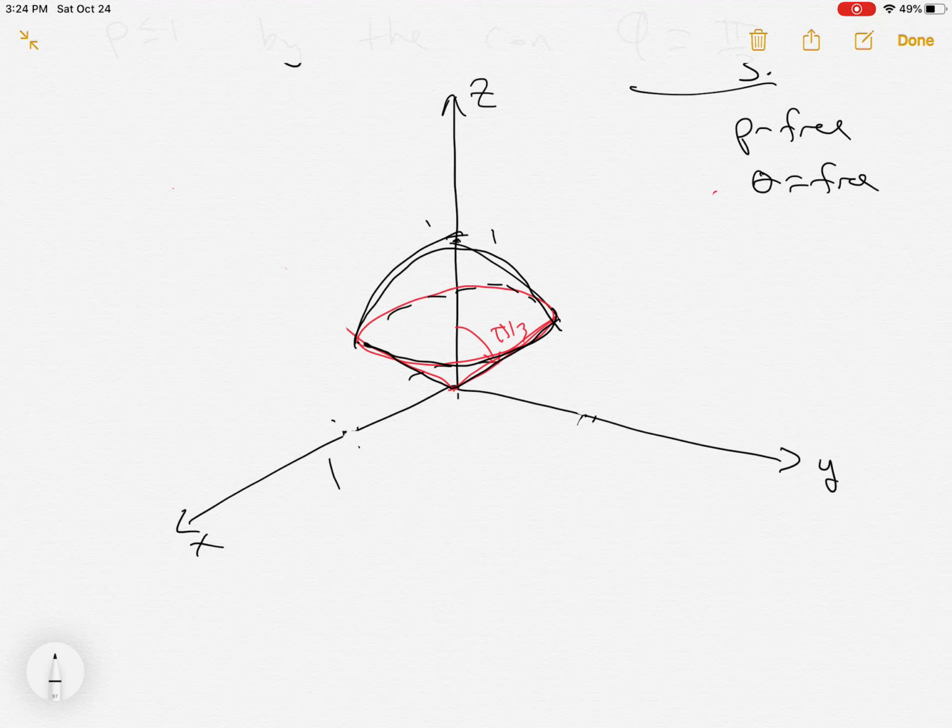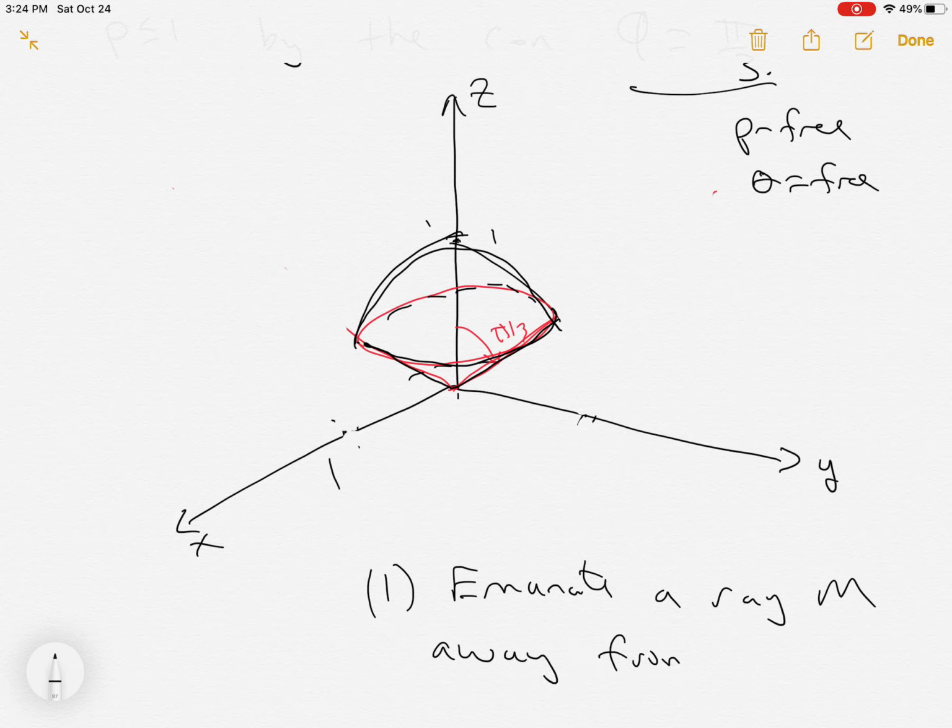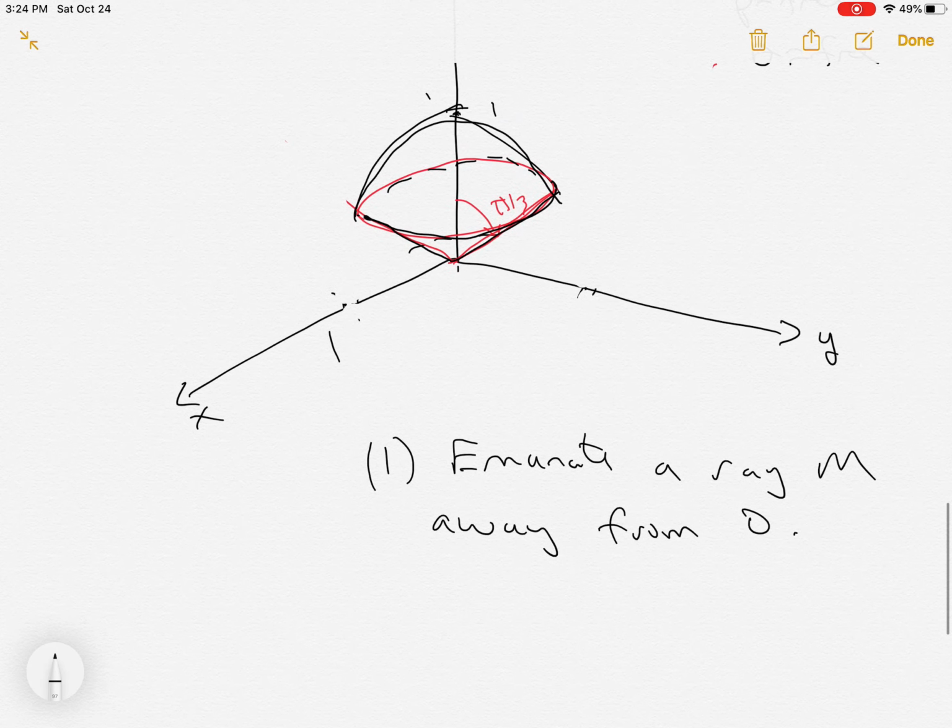So what we do is we emanate a ray M away from the origin and look for intersection points.